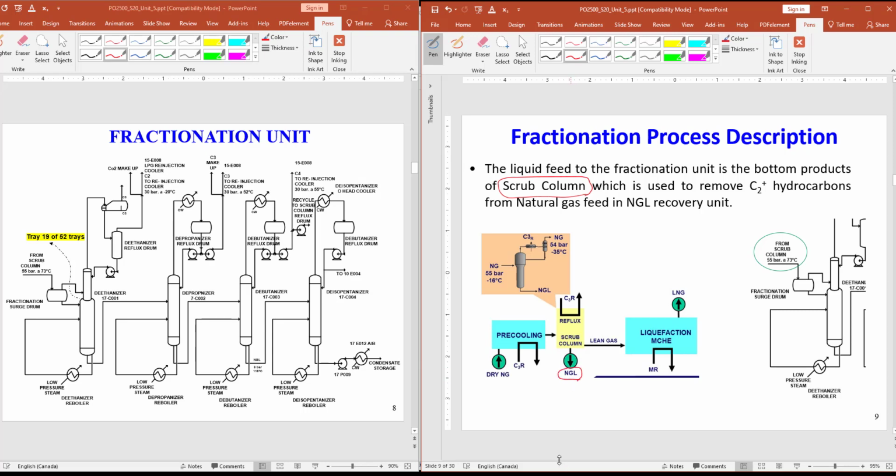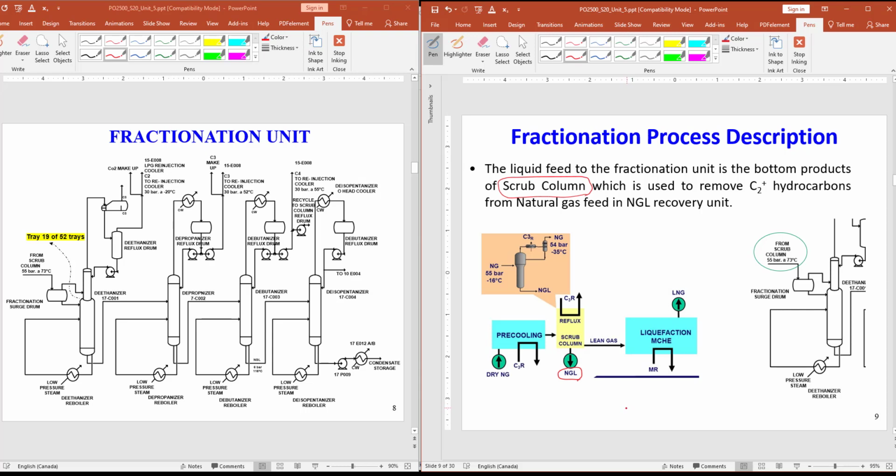LNG is liquefied natural gas, which is mainly methane. NGL is natural gas liquids. Maybe the names that we are using are a bit funny, but this is the standard that all the countries and all the companies accepted, and they work with each other using this kind of terminology, and we also have to follow.